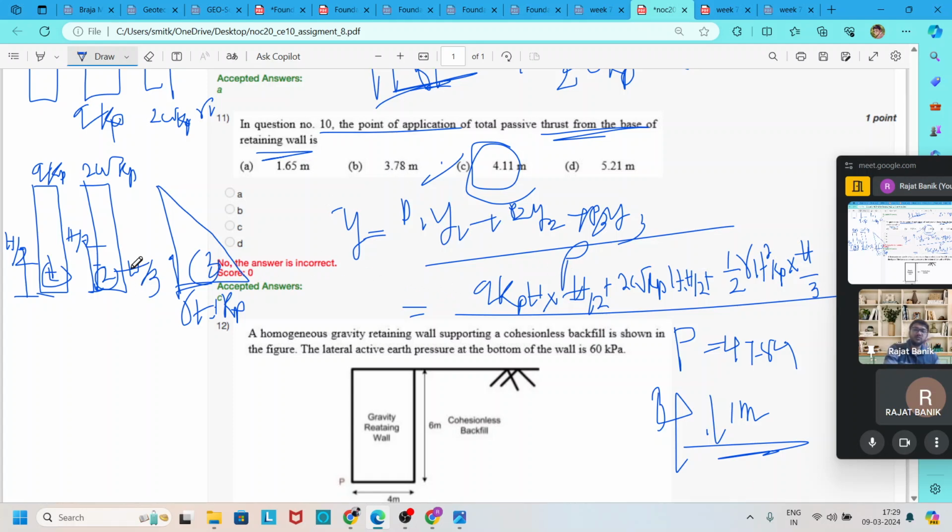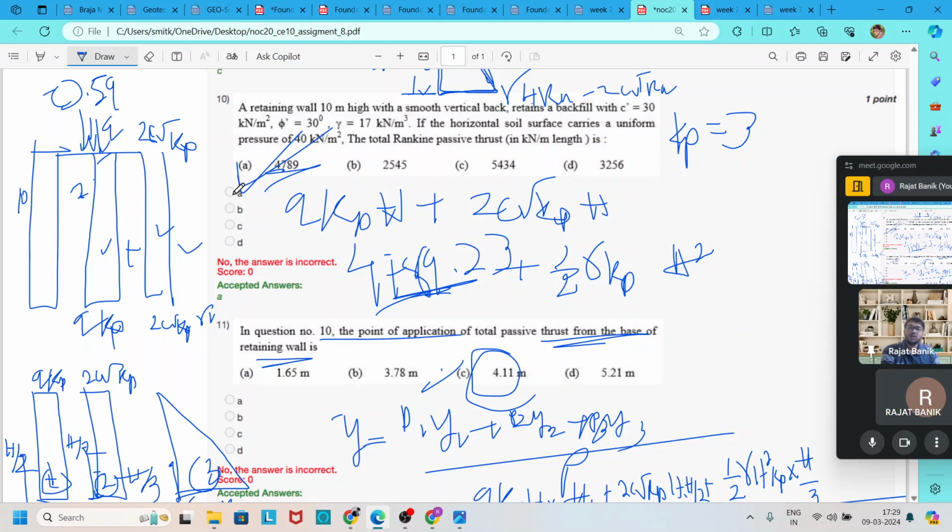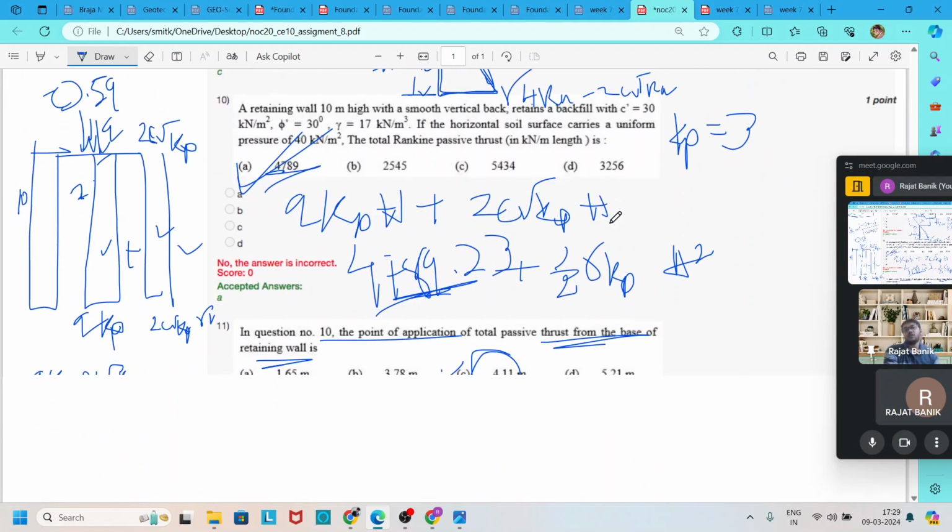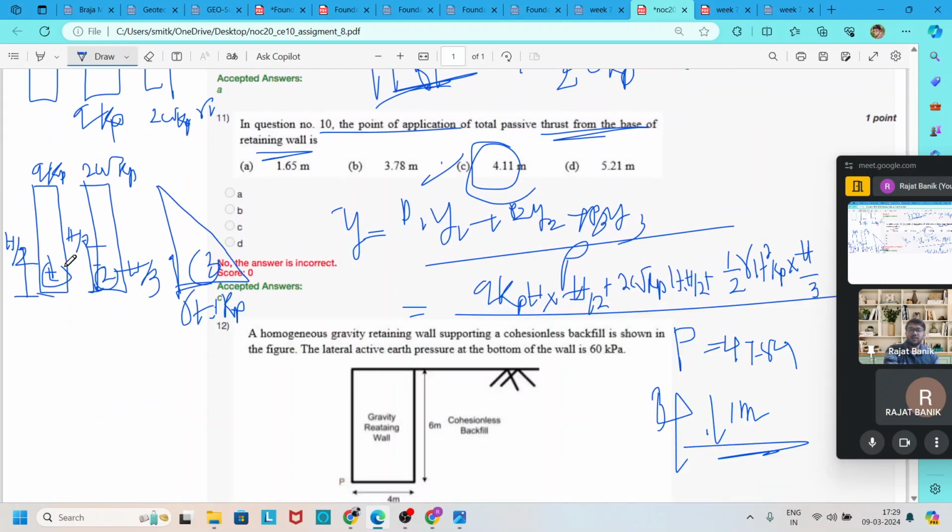So first find the total area. Then after finding the total area, divide it into individual areas, and for the individual areas, find the individual CG also. This area is P1, this area is P2, this area is P3, and Y1 is the CG of this area, Y2 is the CG of this area, Y3 is the CG of this area from the base.